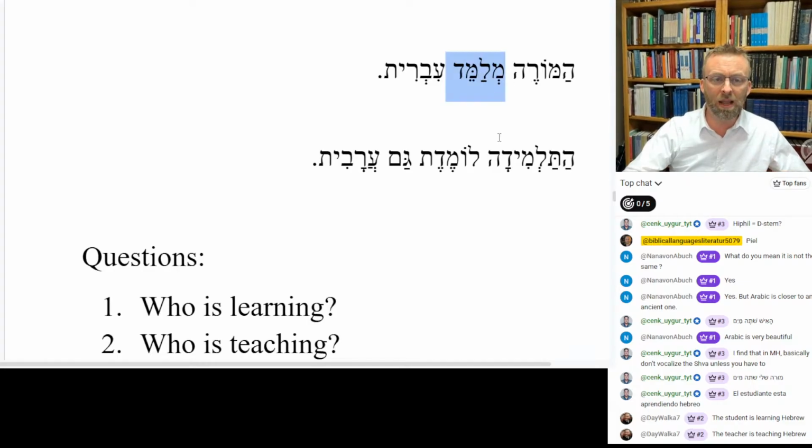Hamore milamed. Now that's a D stem verb. We see the doubling. We see the mem prefix. We see the schwa sign underneath the mem, and we see the AE vowel pattern. Okay, so it doesn't mean learns, it means teaches or is teaching. The teacher is teaching. Now, why didn't we use milamedet or milamdim or milamdot, those three other forms?